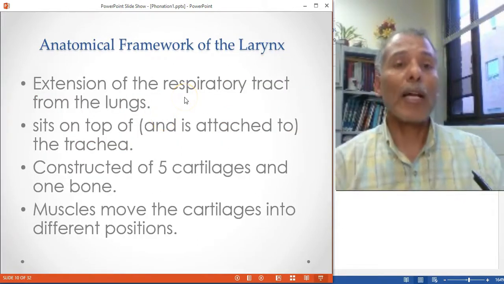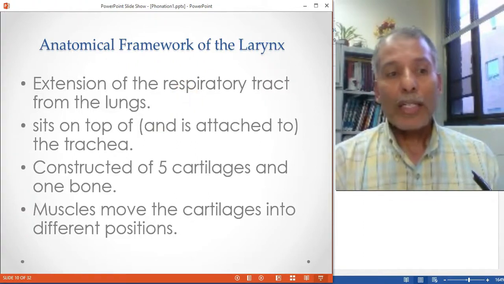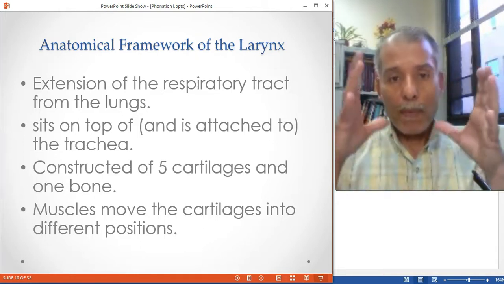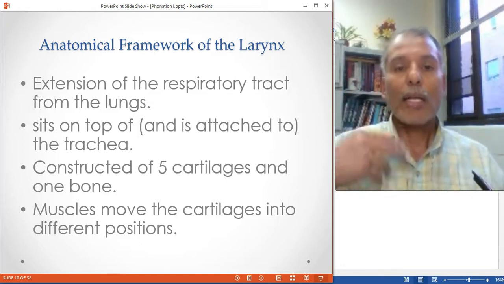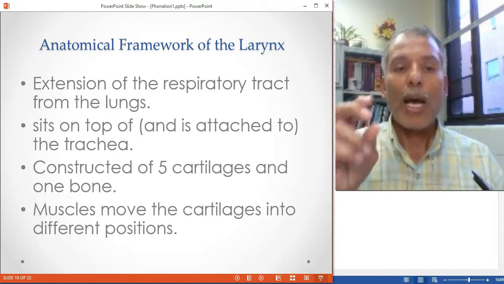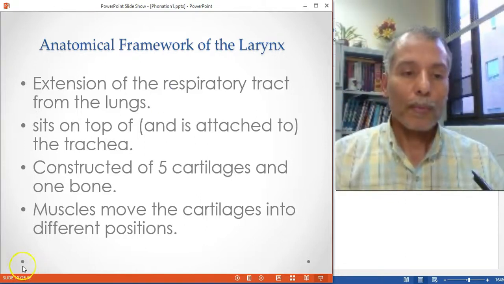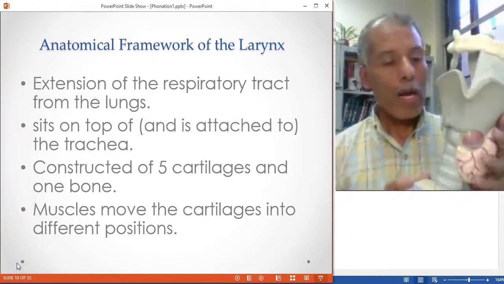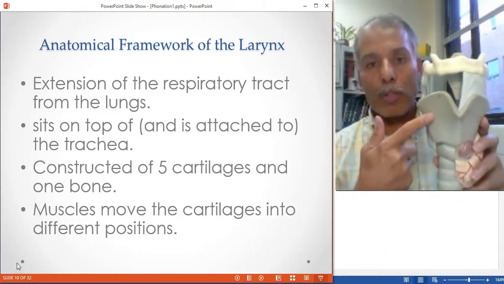So now let's look at the anatomical framework of the larynx. The larynx has 5 major cartilages and 2 pairs of smaller cartilages, and then it has a single bone, which is the hyoid bone. The first and biggest of these cartilages is the thyroid cartilage.